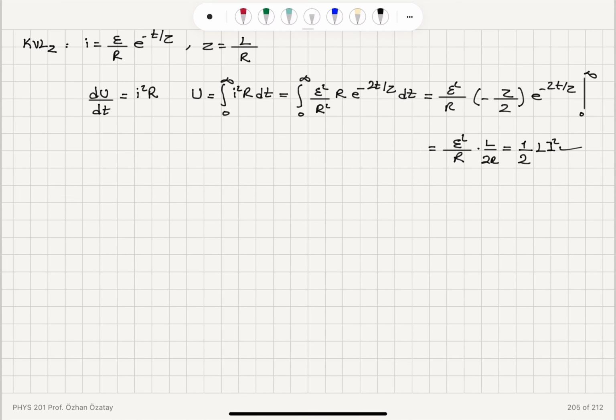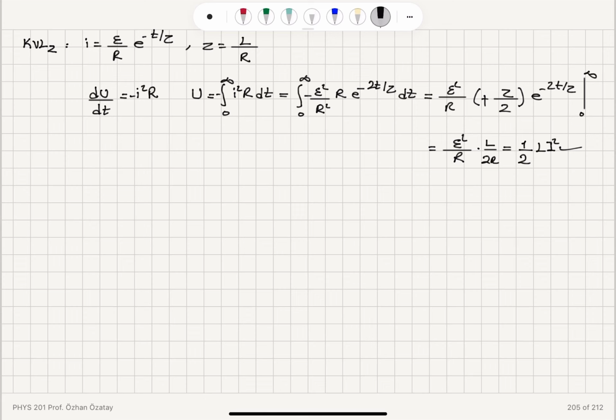If we follow the second part of our RL circuit analysis, where the current drops from epsilon over R to 0, there is power dissipated by the resistor, which is du dt equal to I square R. And we find that by substituting this current here, so this is actually a drop in potential energy. So normally this should be coming with a minus sign, and that minus sign will basically, if we do this properly, make this a plus.